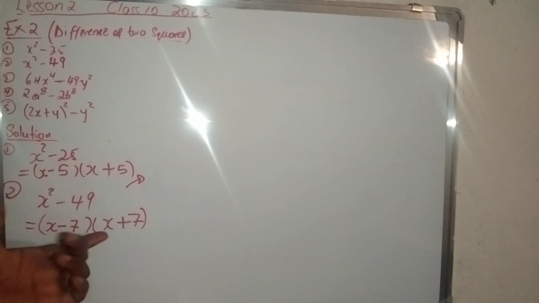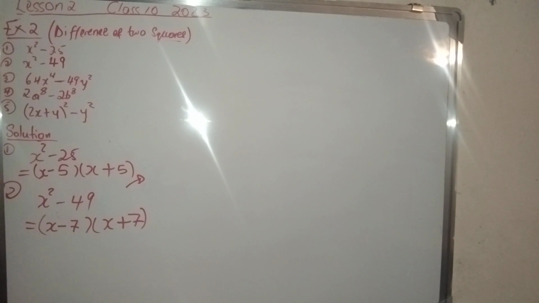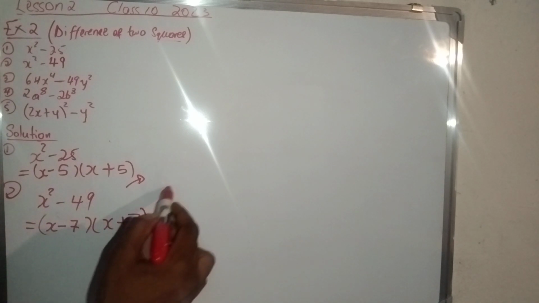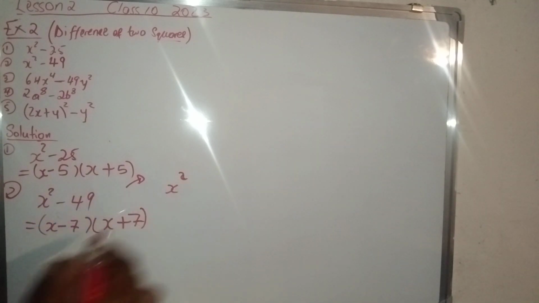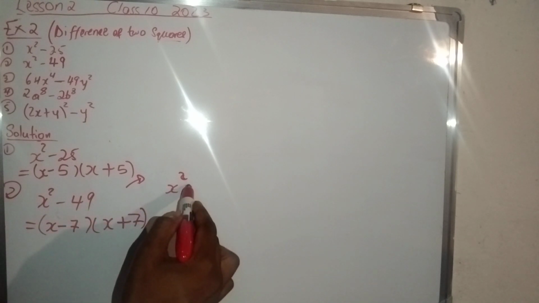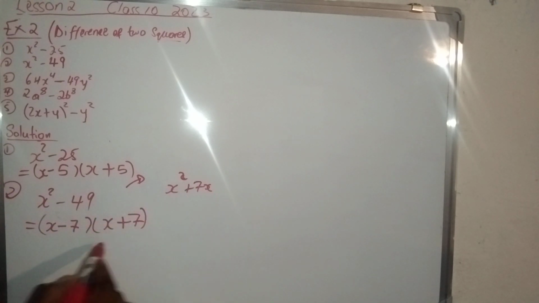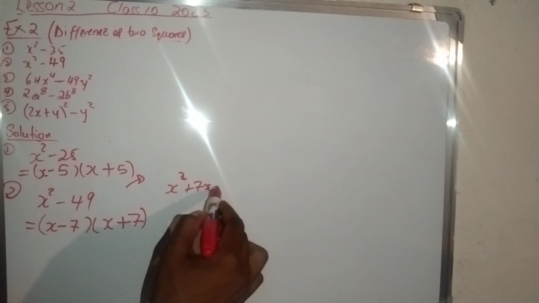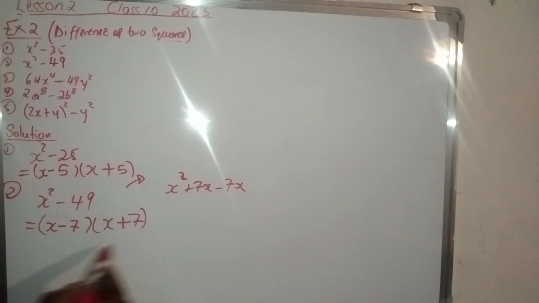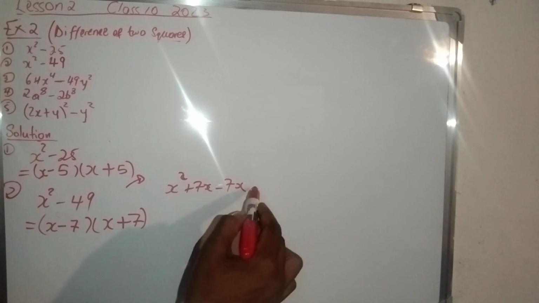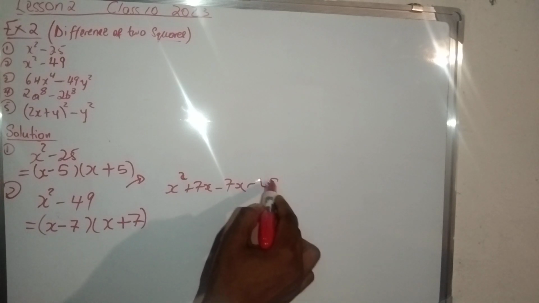Okay, so maybe we can also quickly look at this one, but definitely it's going to give us x squared minus 49. So x times x is x squared, and then x times 7 is plus 7x, and then negative 7 times x is minus 7x, and 7 times 7 is negative 49.